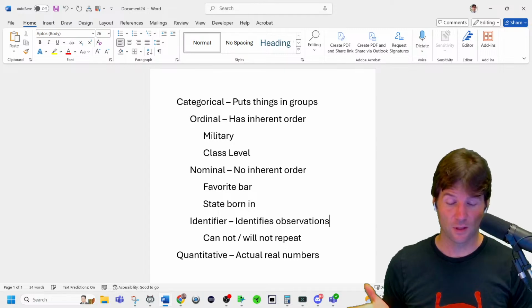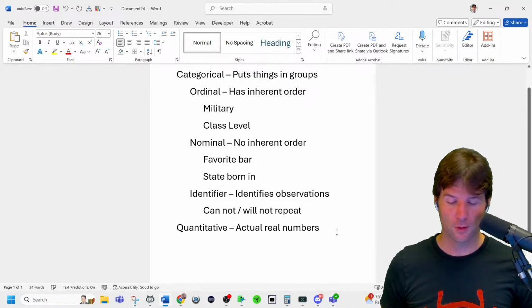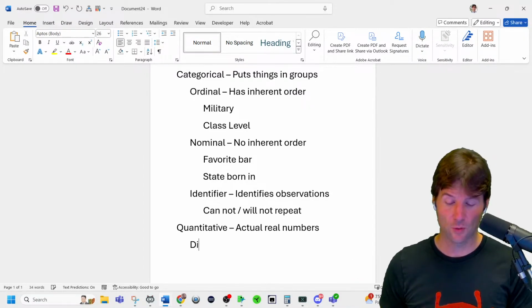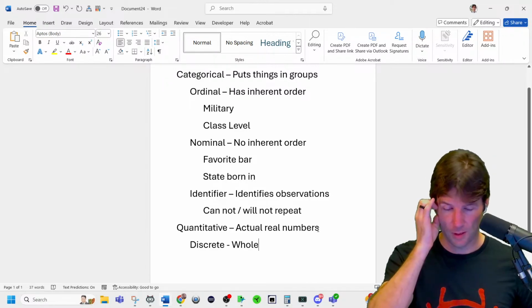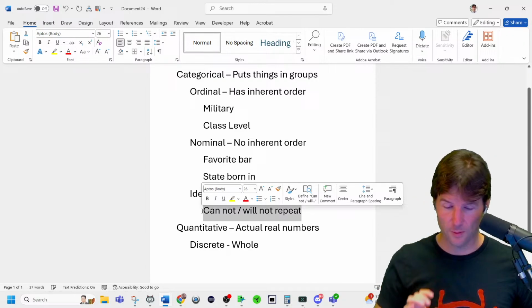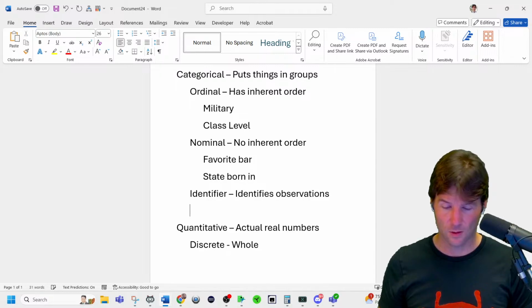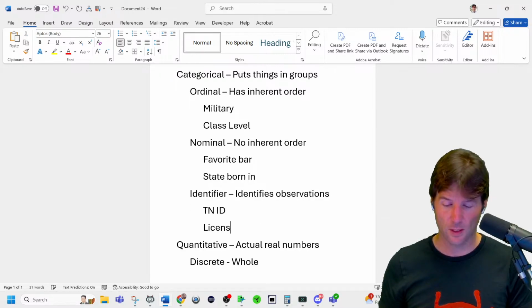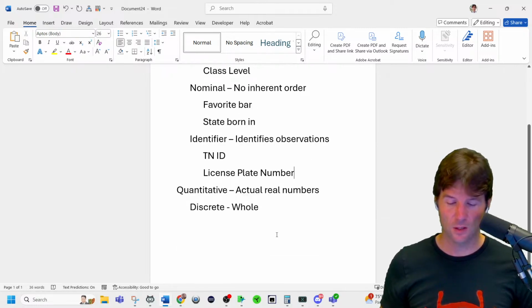The point of an identifier is to identify. This would be like your TNID number, license plate number. Things like that are generally identifiers because they identify your car, they identify you at school.